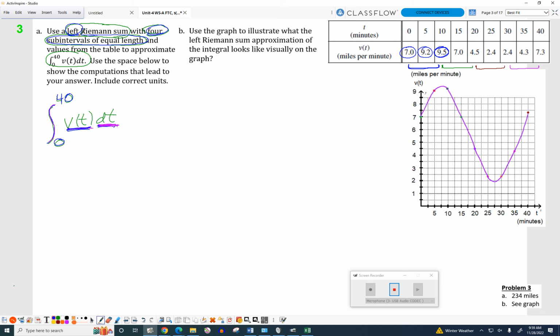So you take, now don't put equal. We're not doing an exact computation here. We're estimating. The integral is only exact if we make dt infinitesimal in length. So we're estimating.